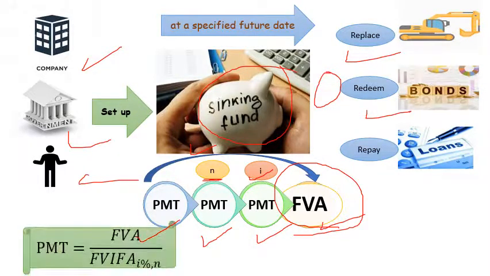So we can use the future value of annuity equation to find the payment by dividing the future value of annuity, which is the amount required at the specified future date, by the future value interest factor for annuity. As we said before, this factor can be obtained by two methods, either by calculating the equation or by using the table.